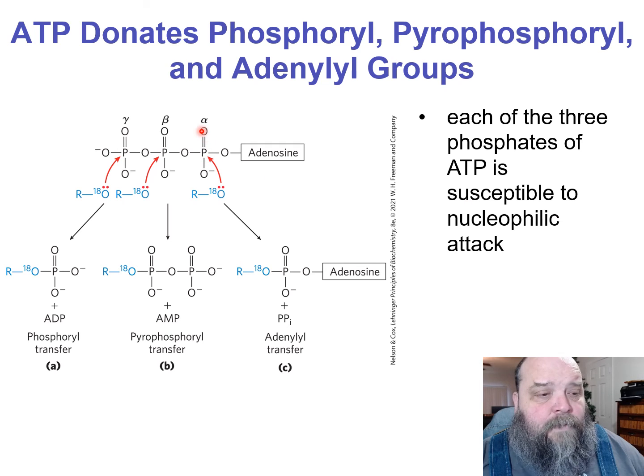When you look at them, remember alpha, beta, gamma. Each of these can be attacked. For the majority of the reactions we'll talk about, it's going to be this gamma phosphate group that is released.